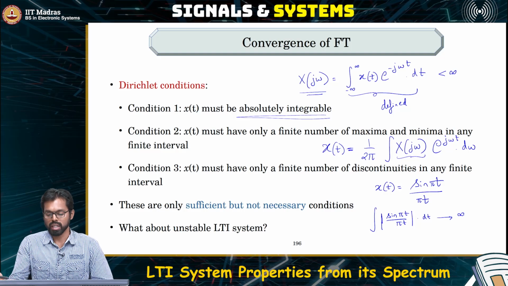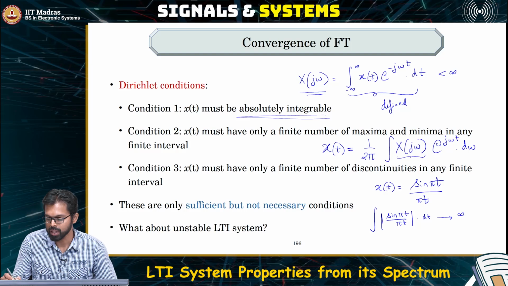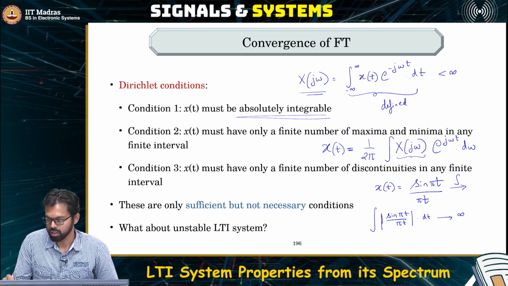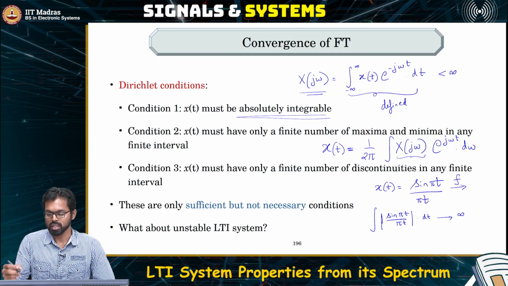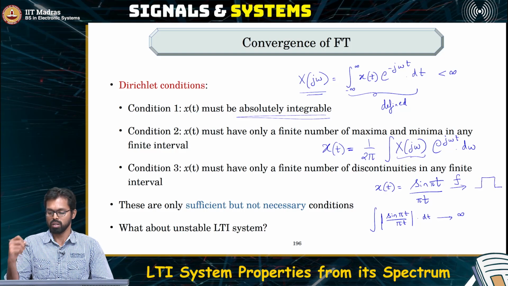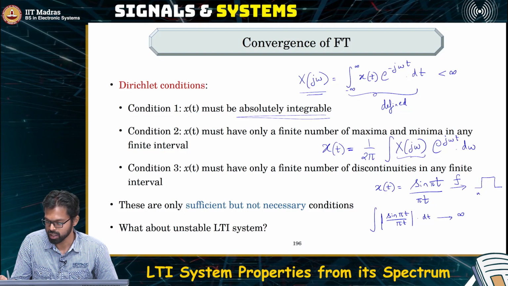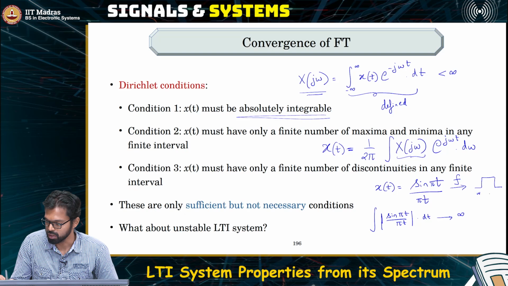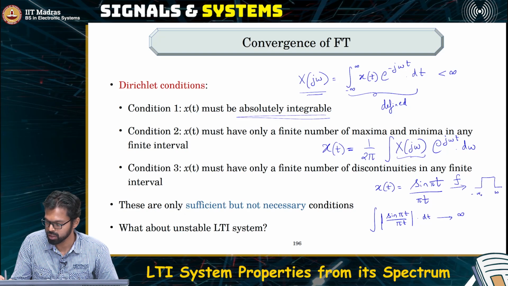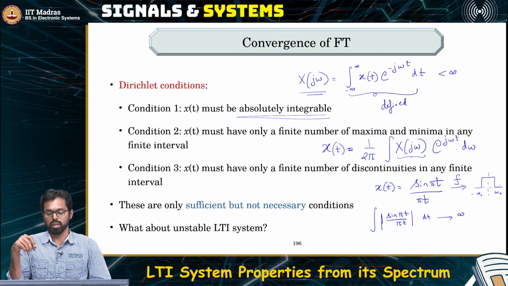This is not absolutely integrable. But we saw that by duality, we can say that the Fourier transform of this sinc function is in fact nothing but a rectangular signal. So we'll get a band limited signal, right? From some minus omega naught to omega naught. So this is what we saw earlier.